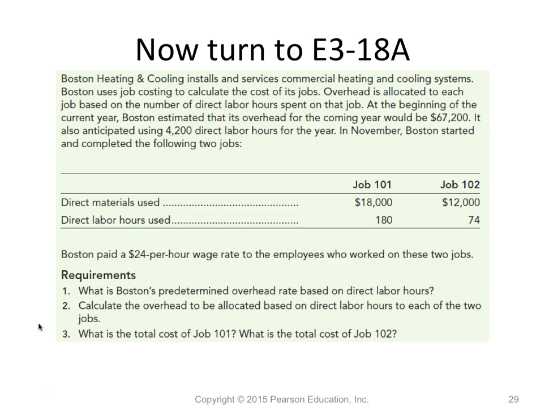So here's an example. It's in the book. I'm not going to spend too much time on this because we have done one example in the previous slides. I want you to read this in the book and see how we calculate the direct material cost, how we calculate direct labor hours, how we determine the overhead based on direct labor hours, and how we calculate the overhead to be allocated based on the direct labor hours to each of the two jobs we have here.